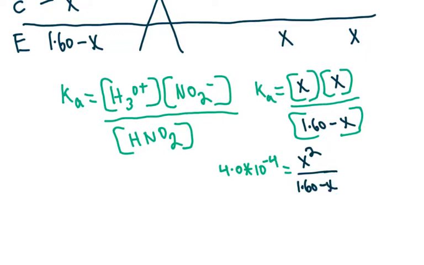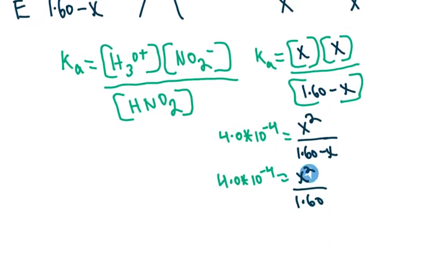Then if we take 1.6 minus a very, very low number, it's still going to be around 1.6. So we can write this as 4.0 times 10 to the negative 4th equals x squared over 1.6, because 1.6 minus a very low concentration is still going to be about 1.6.